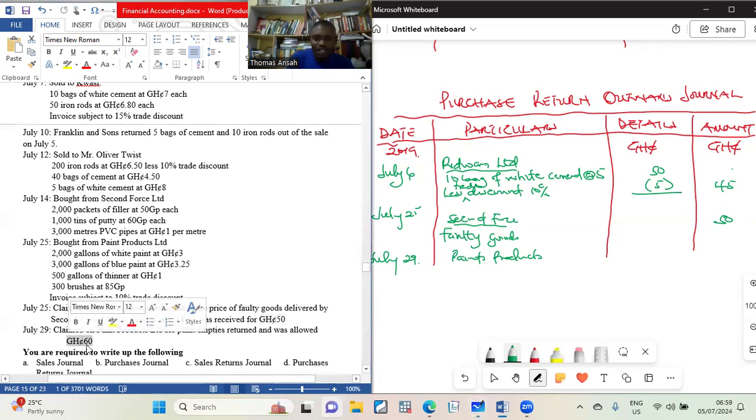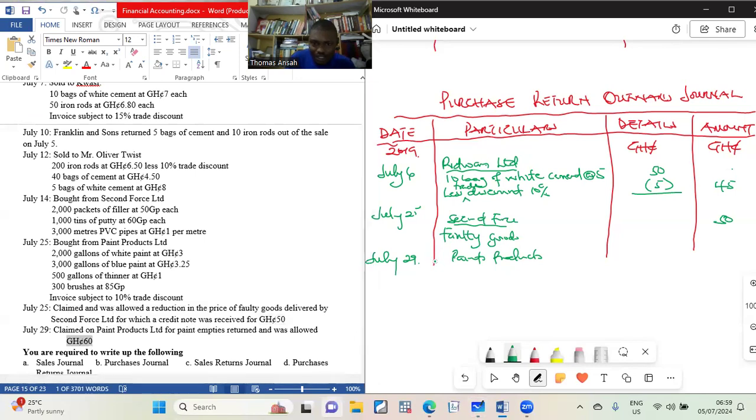So this is another one, what do we call it? A return outward. All right. So Paint Products, that's the name of the company, but what you returned was paint empties. And you were given 60 for that. So that is all.